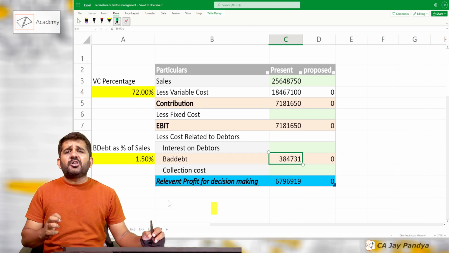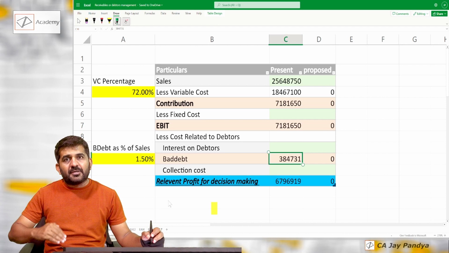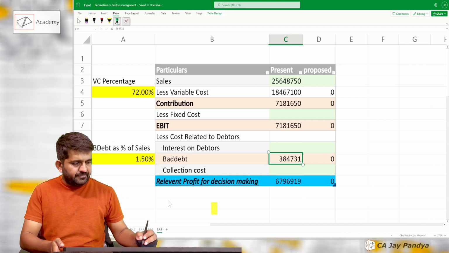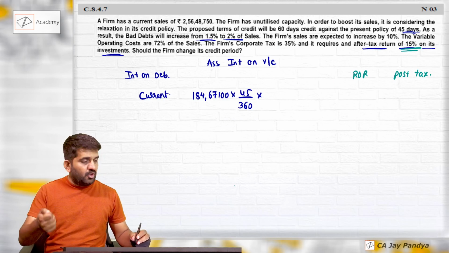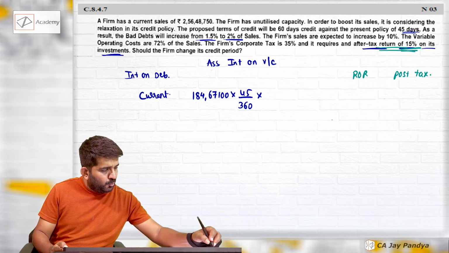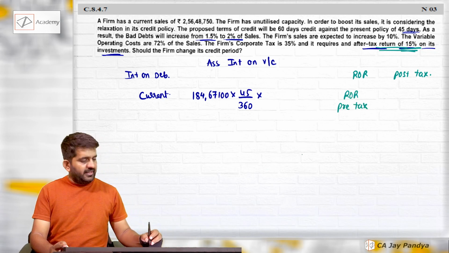So you cannot deduct something which is post-tax from pre-tax. So what I'll do, I'll make it somewhat easy. This is post-tax. I will make ROR pre-tax. Concentrate on how I will make it.